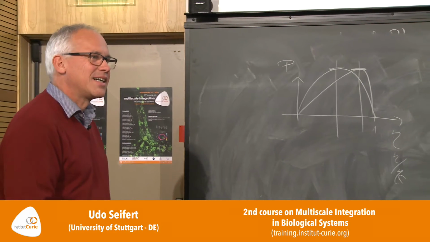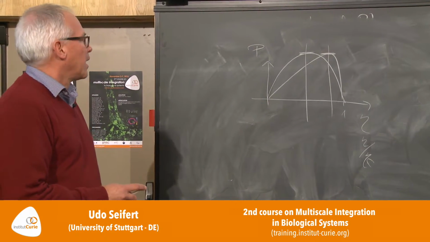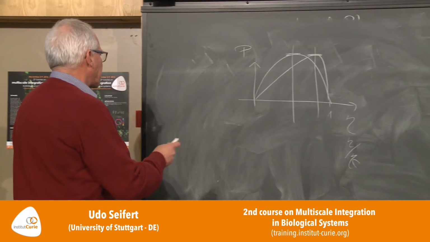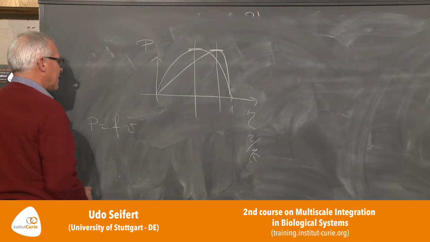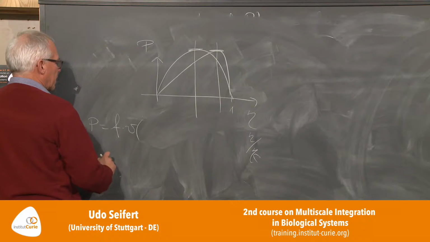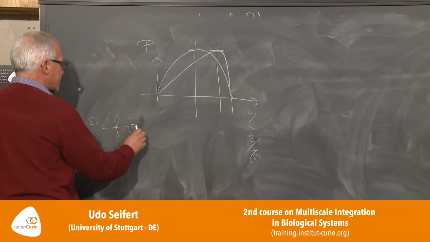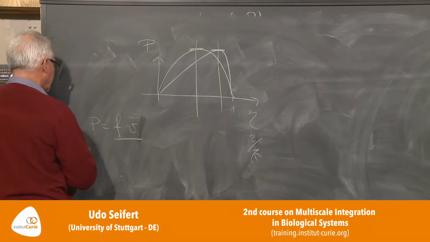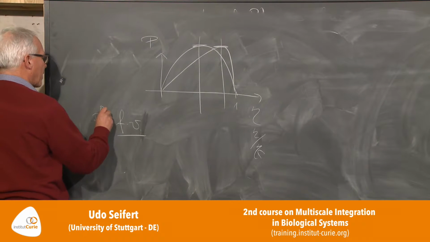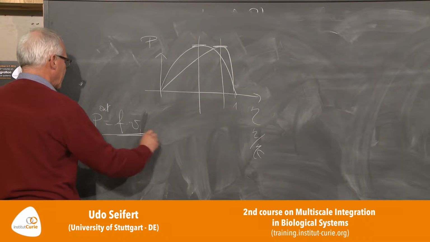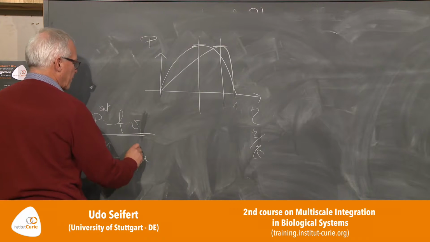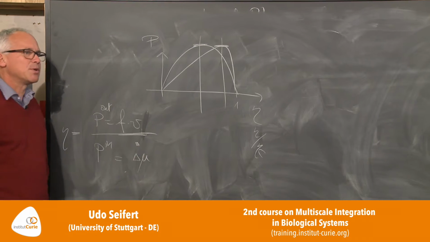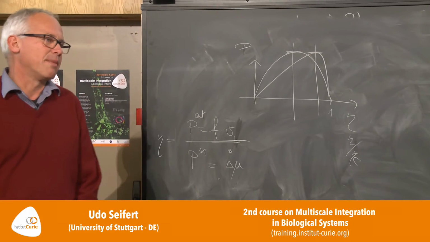Sorry, why is the power not F times V? The power is F times V. So it's used in the definition of your efficiency. Yes, my efficiency is the power out, which is F times V, divided by the power in, which is the number of chemical delta mu I burn per unit time.